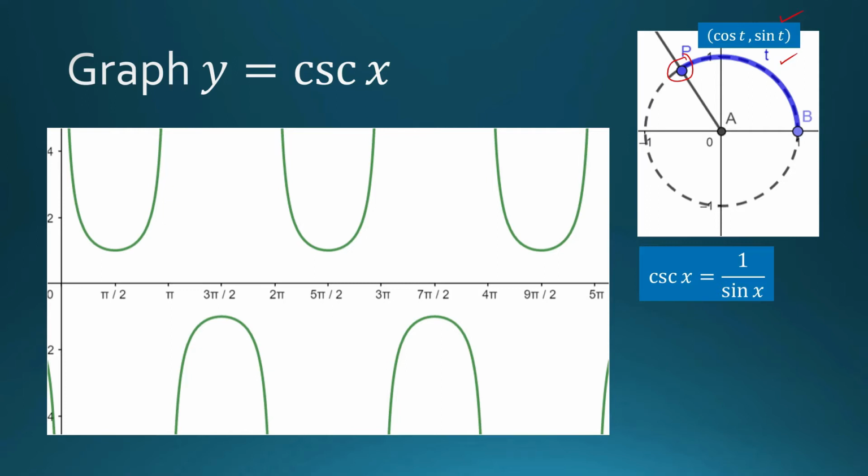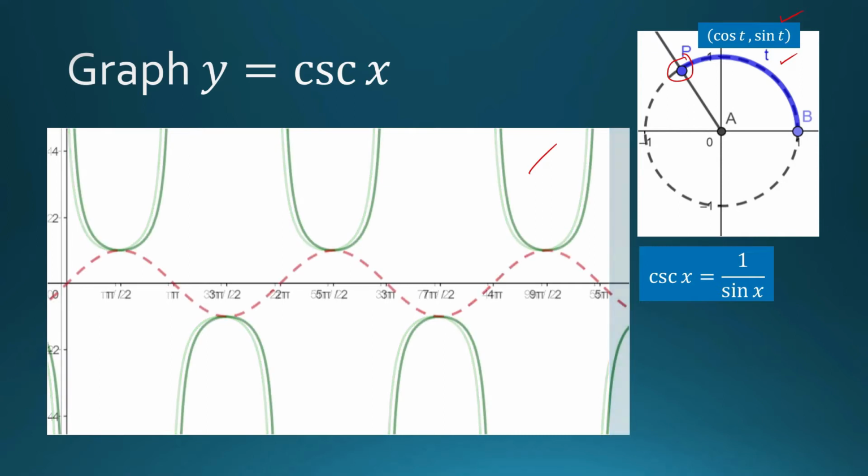So that was in fact the first step that helped me understand how and why the graph of our cosecant function came to be this way. This is what I did. I drew the graph of the sine function on the same rectangular coordinate system.